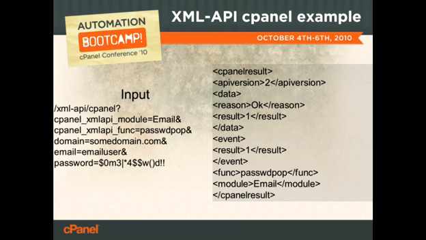Then we have cPanel underscore XML-API underscore func, which defines the function we're calling, in this case passwd_pop, to change the password of an account. Then the parameters for passwd_pop are domain, email, and password. So in this case, we're going to pass in domain, email, and password as URL parameters to the API call. When this is executed, you will see the XML response on the left.